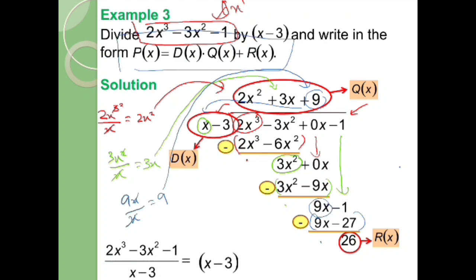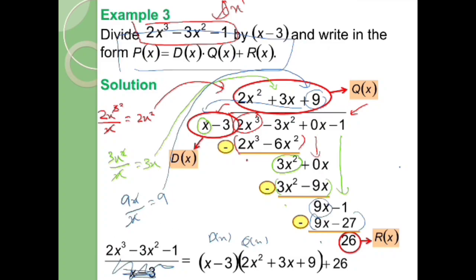So it should be polynomial P(x) equal to x minus 3, the divisor, multiplied with the quotient, write everything down, and add it with the remainder, 26. How to check whether your quotient is correct? You can just simply expand these 2 brackets and add 26. Check whether you get the correct polynomial or not.